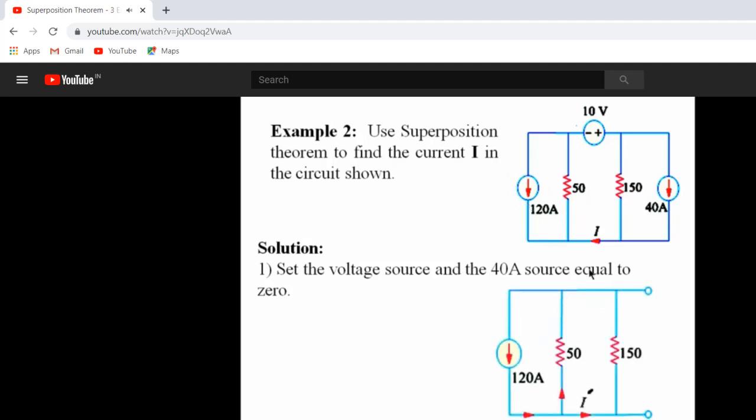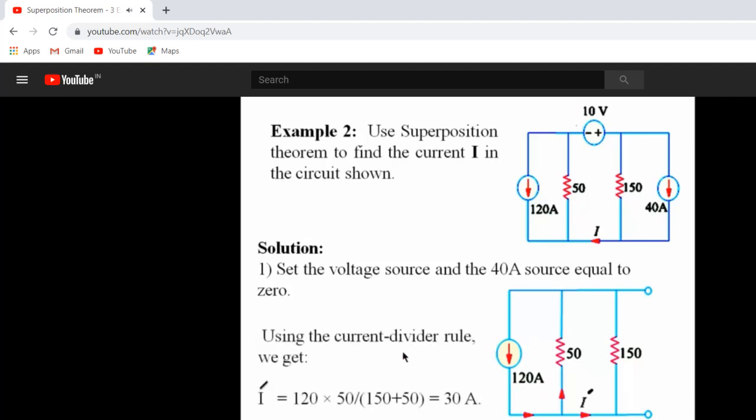So this is the voltage source, short circuit, and this is the current source, open circuit. Now we just need to find the current I that results from the 120 amperes source. We can simply find that using the current divider rule, and we get 30 amperes, the value of the current I that results from this current source.